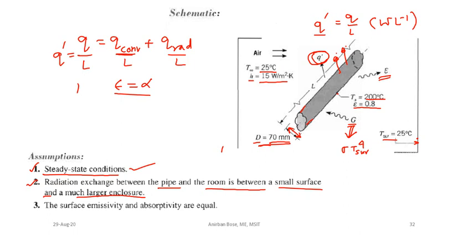For the Q convection, Newton's law of cooling will help you. And for Q radiation, the net Q radiation is nothing but E into area minus alpha into G into area.